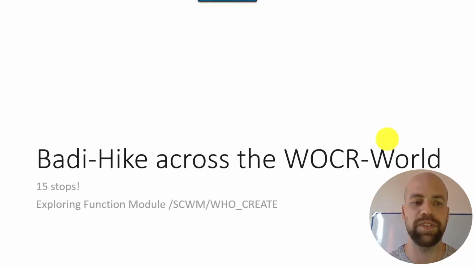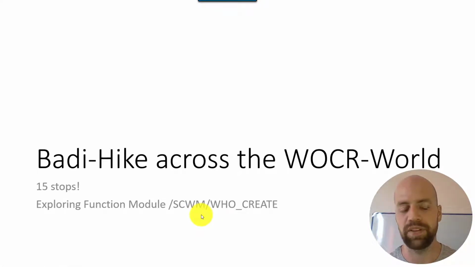And for this purpose, we do our body hike, and we are traveling throughout 15 stops and more or less exploring function module SCWM_WHO_CREATE. That's where all the magic is happening.